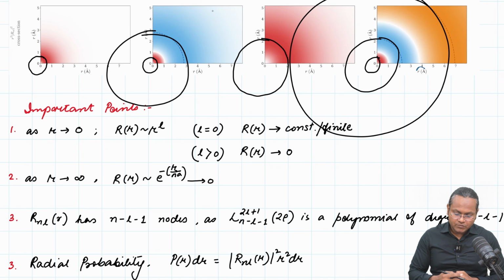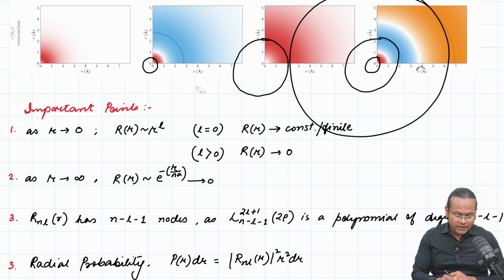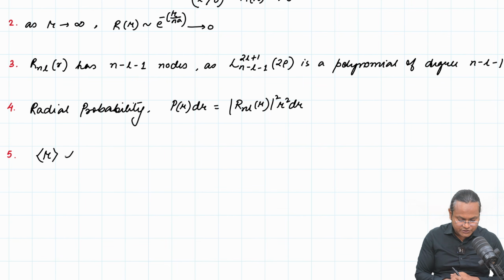These are effectively the result of the Coulomb potential, the nature of the Coulomb potential. And as we go higher up in the principal quantum number, you can see the sizes also keep on increasing. So if you calculate the expectation value, you get an expression that is proportional to n square.